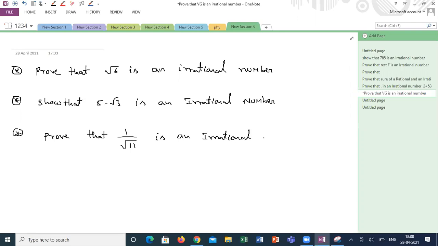If it is root 11, straight away we can say we already proved it. If it is 1 mark or 2 marks, we know the root of a prime number is an irrational number. So root 11, where 11 is a prime number, is an irrational number. Try to do these 3 questions and submit. I will tell you how to submit. You just complete it first.